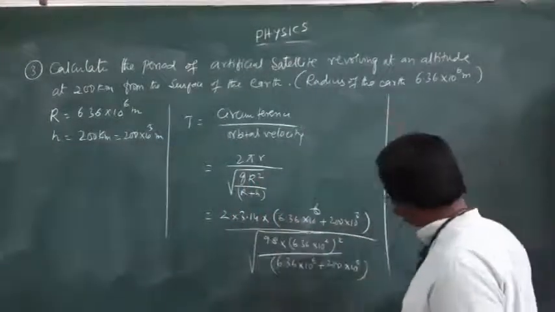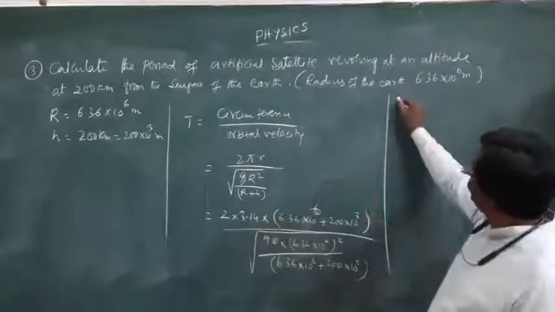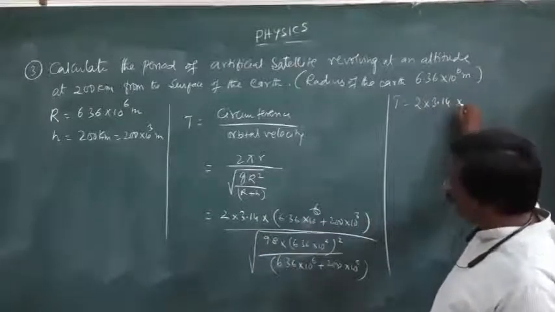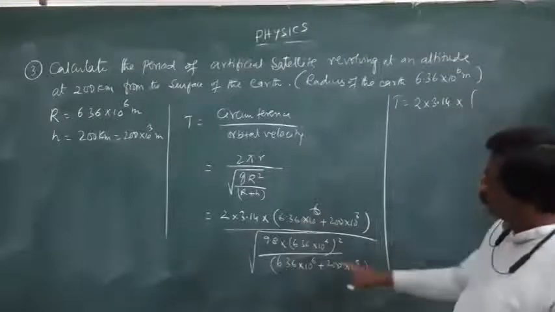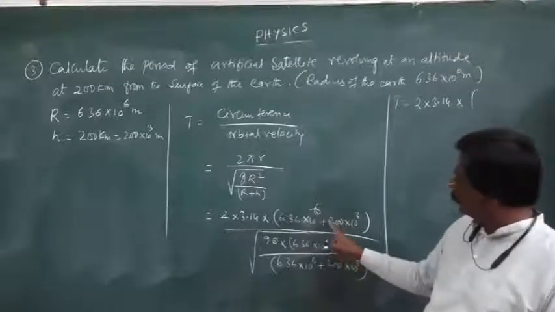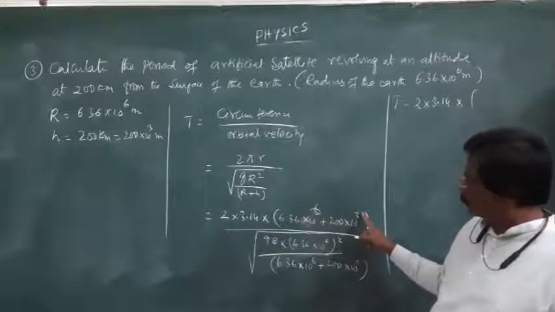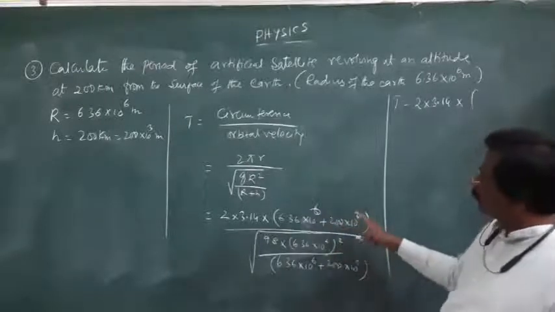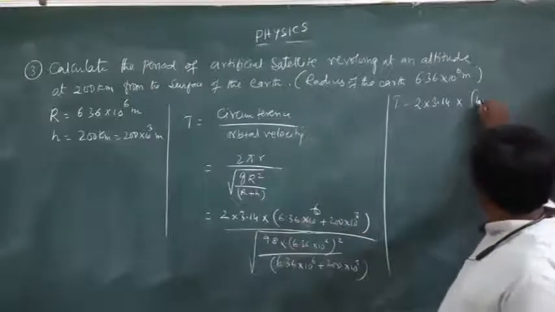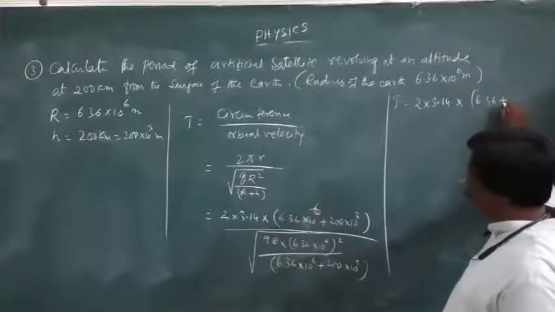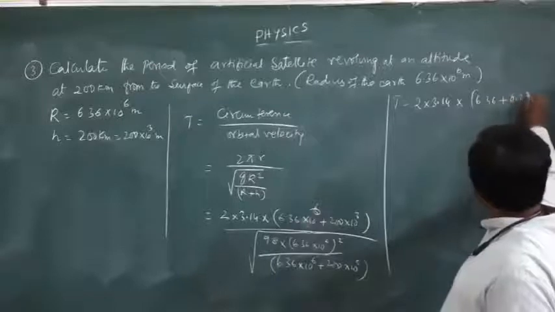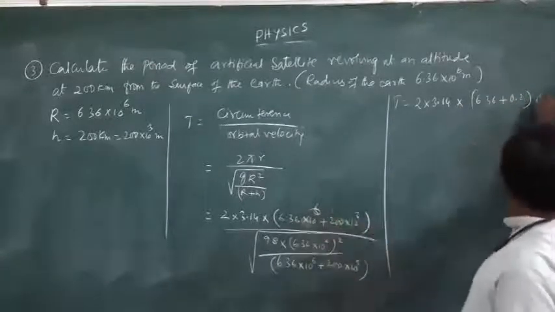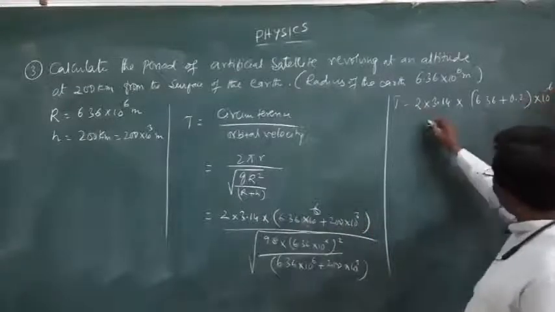Simplification. T is equal to 2 into 3.14 into, I write it as 0.2 into 10 raised to 6. Then 6.36 plus 0.2, with 10 to the power of 6 as common outside.